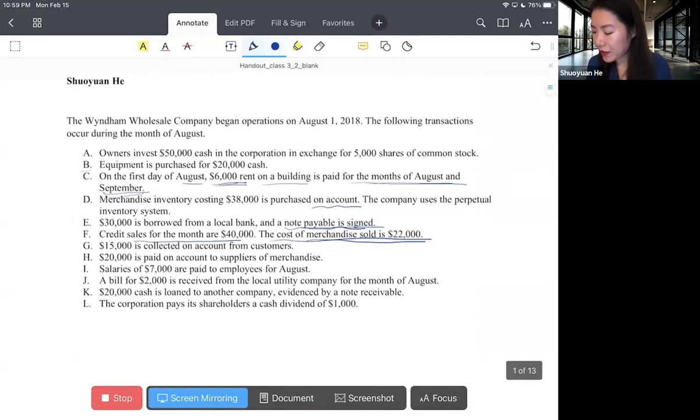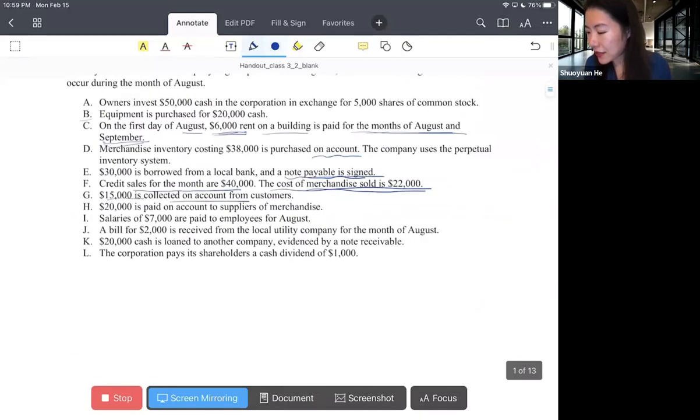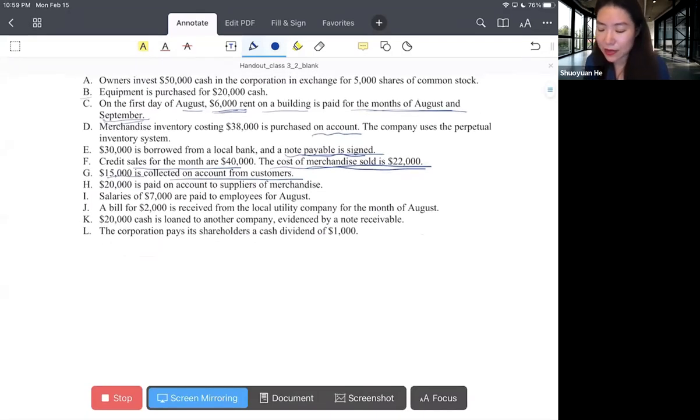Number G, 15,000 is collected on account from customer. So this one, 15,000 is collected. So cash increased by 15,000, and collected on account from customer means that it was for a previous sale. When the firm made a previous sale, it was recorded on account.